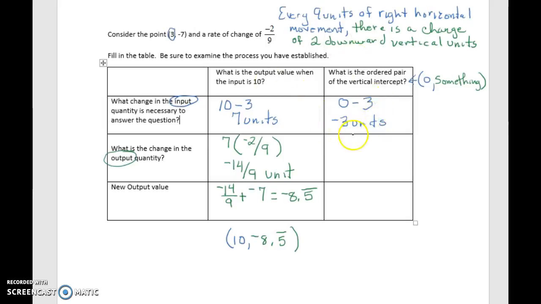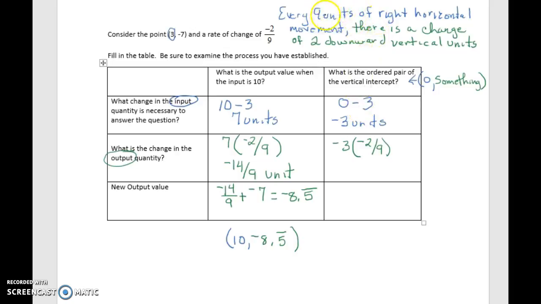Then we take these -3 units, and we're moving at a rate of -2/9. For every 9 units of movement horizontally, there is a 2 unit vertical drop. But since we're going backwards, to the left instead of right, instead of going down, we would go up.